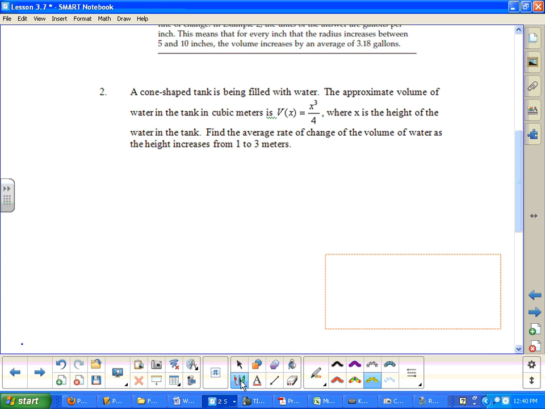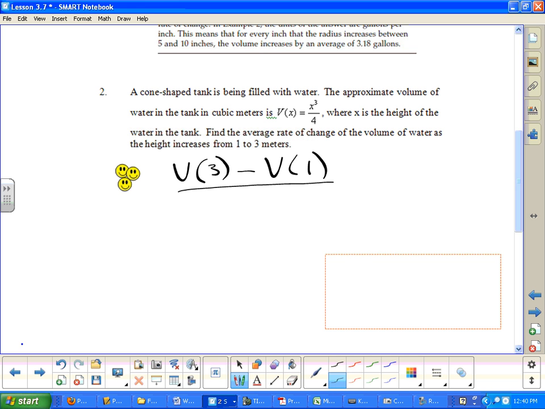What we're doing is V with smiley faces: V of 3 minus V of 1, divided by 3 minus 1. So that's 3 cubed divided by 4 minus 1 cubed divided by 4, over 3 minus 1.